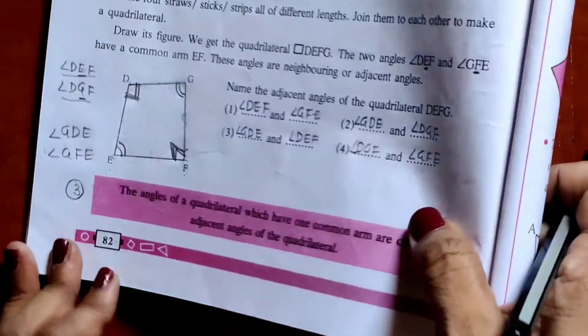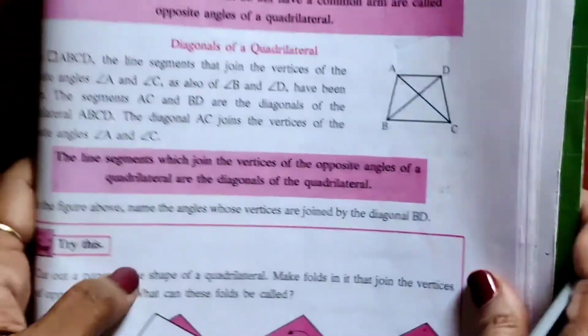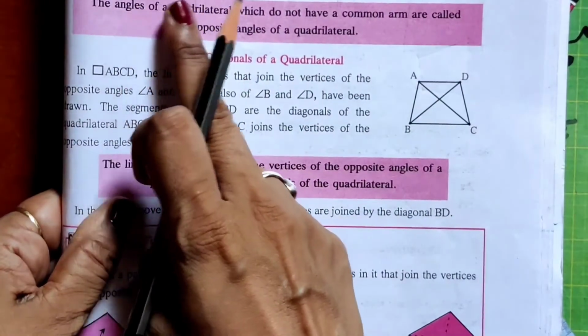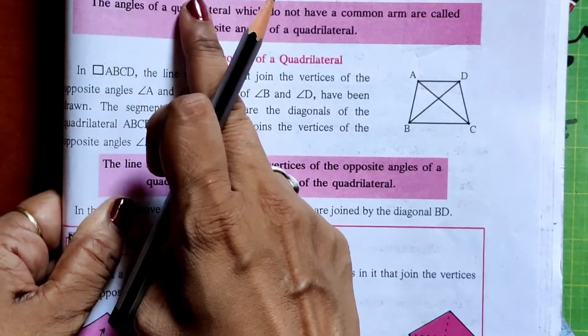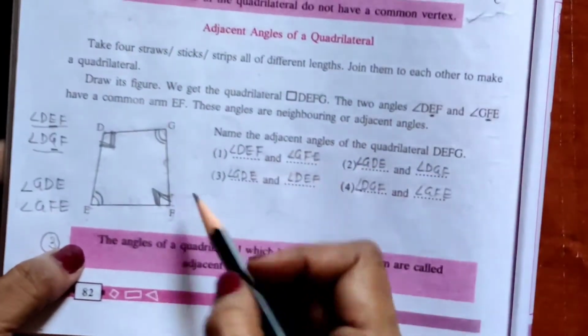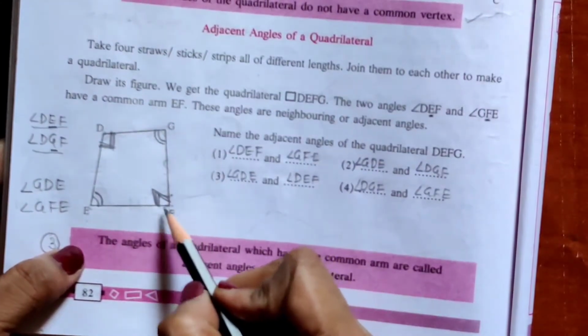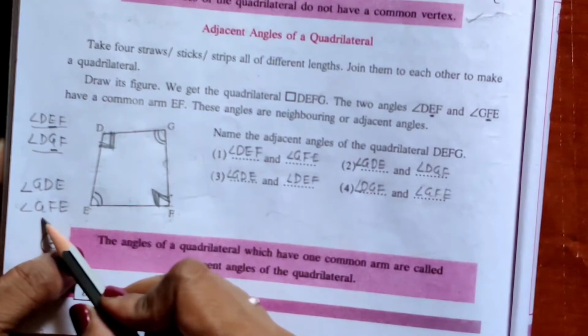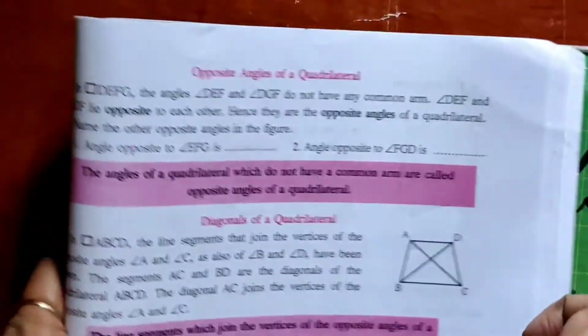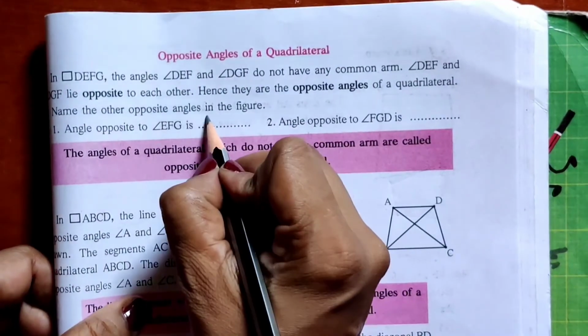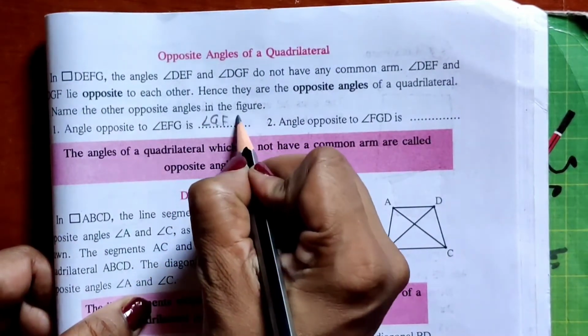So let us write here. The angle opposite to EFG, that means this point F, is angle GFE.